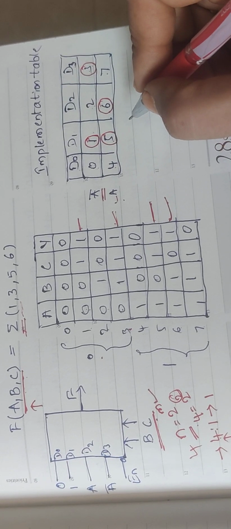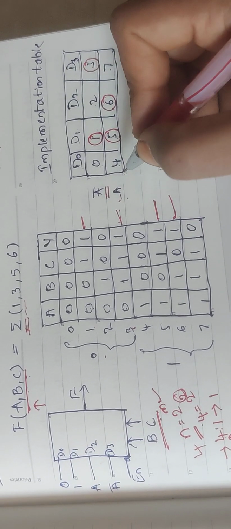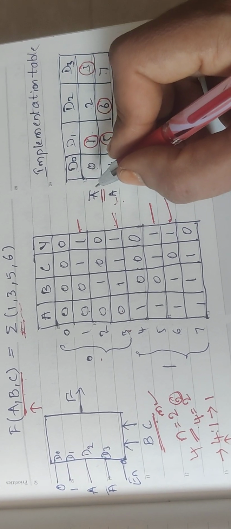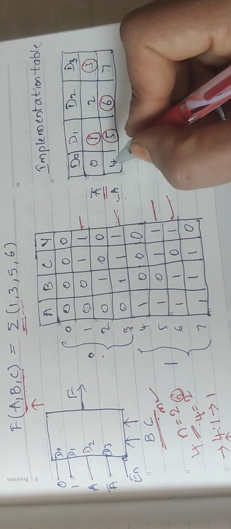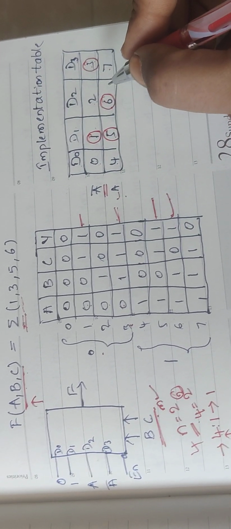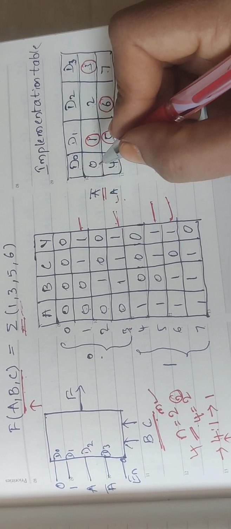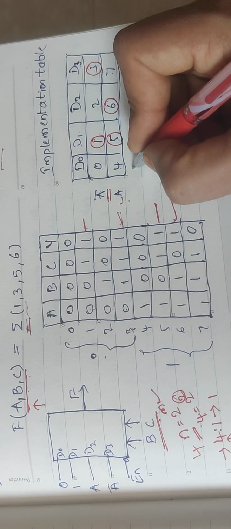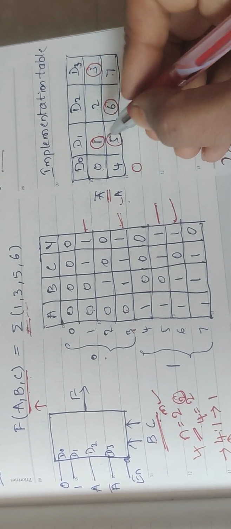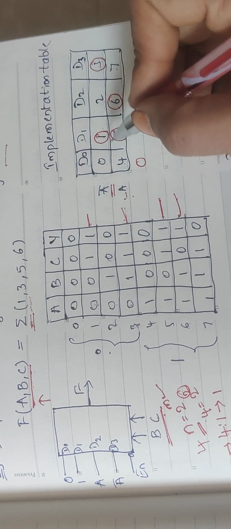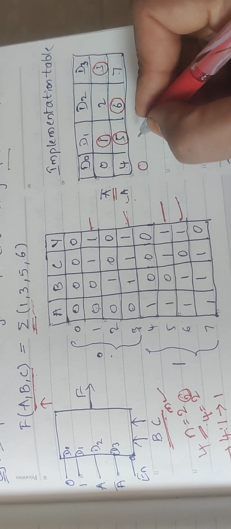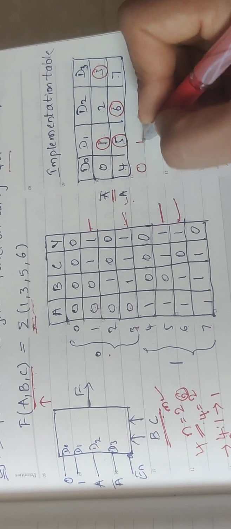From this table, what we need to do now is, in these 2 rows, how many circles are there? If there are no circles for D0, then put the value 0. If both the values are encircled for D1, then put 1.